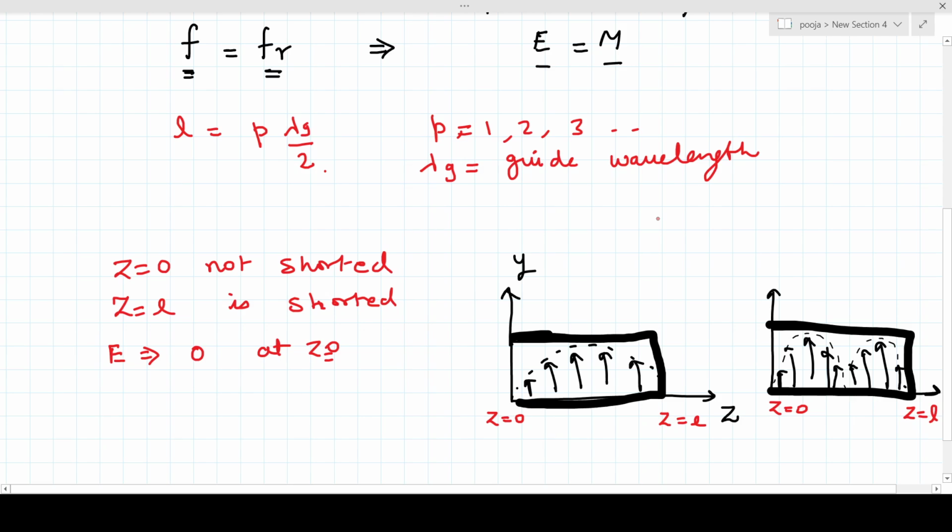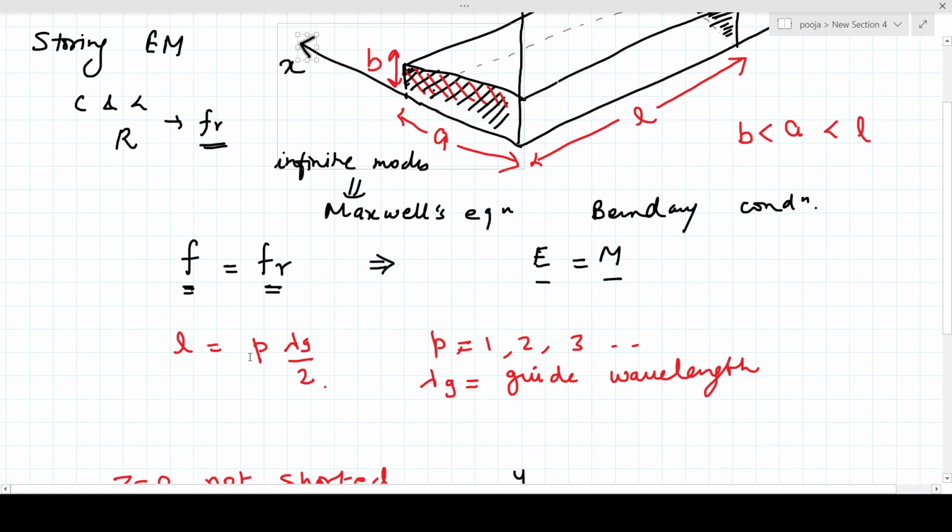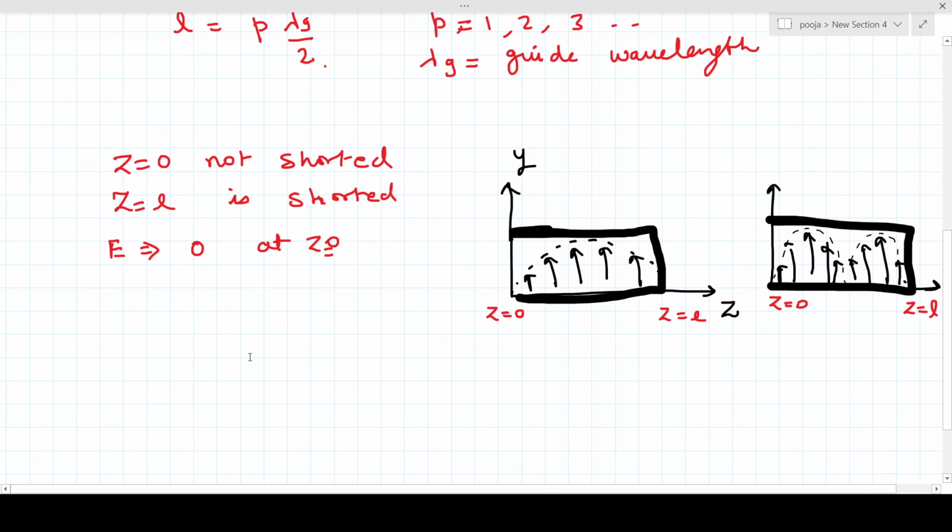So what will happen at the conducting surface? The boundary condition says that the tangential components of the electric field will be 0, meaning Ex will be 0 and Ey will also be 0 at Z equal to L. Let's see what I am saying. Suppose this is the structure we have, let me draw it again.